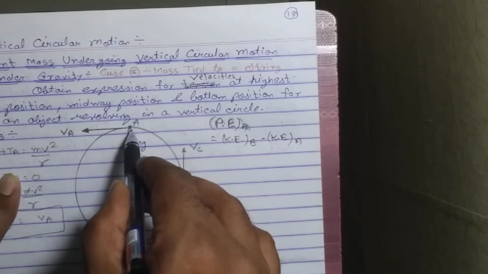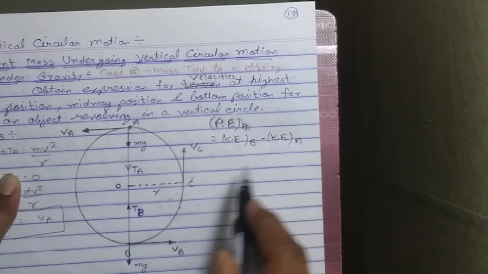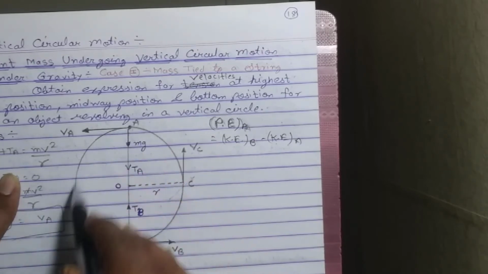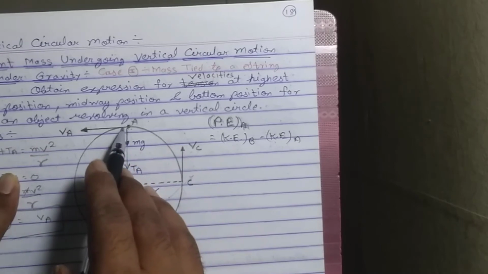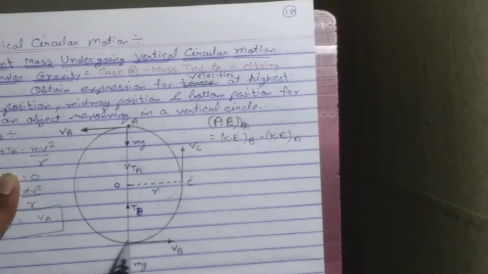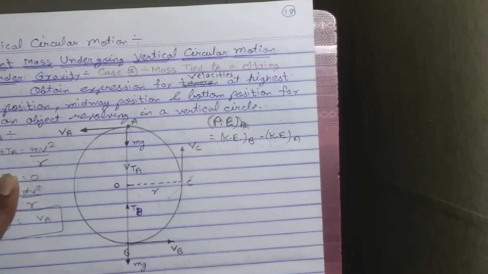But along with the potential energy, there is kinetic energy at point A also. But when the object comes to point B, its potential energy becomes 0, because the whole amount of energy is converted into maximum kinetic energy at point B.